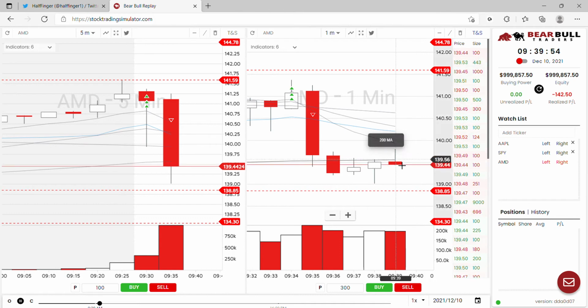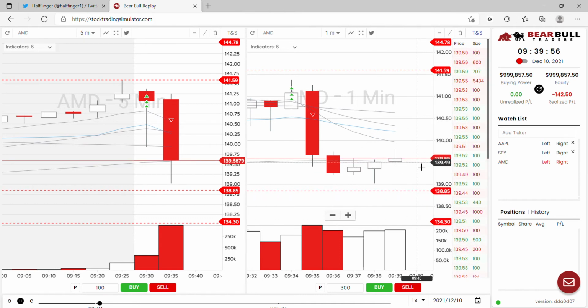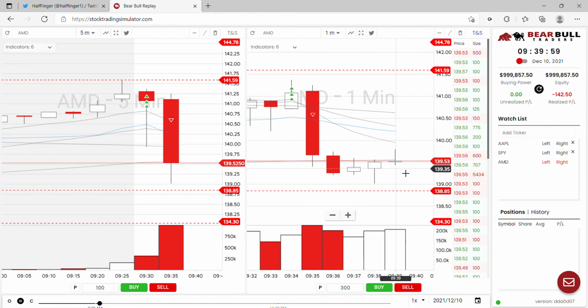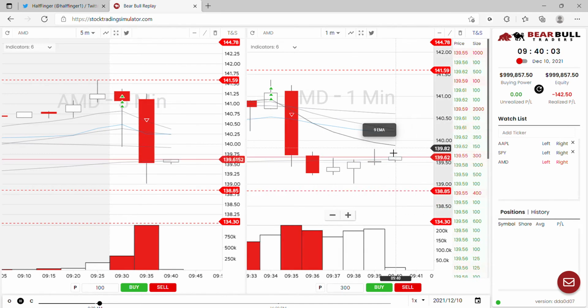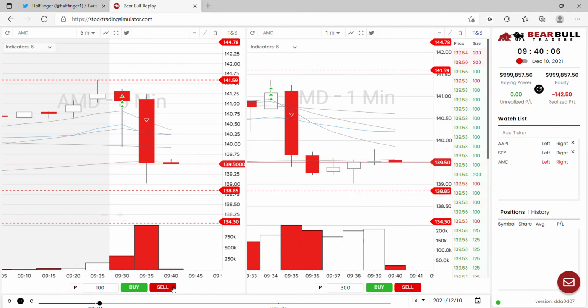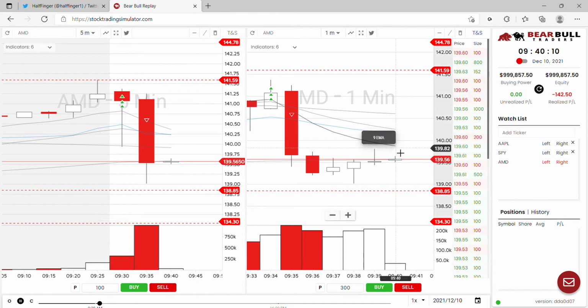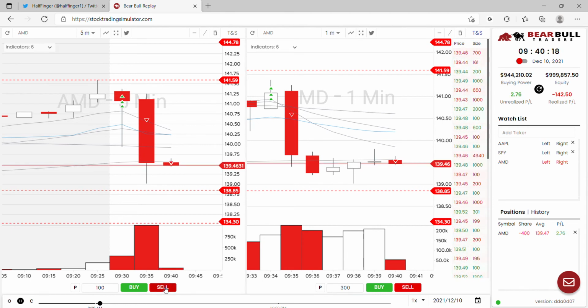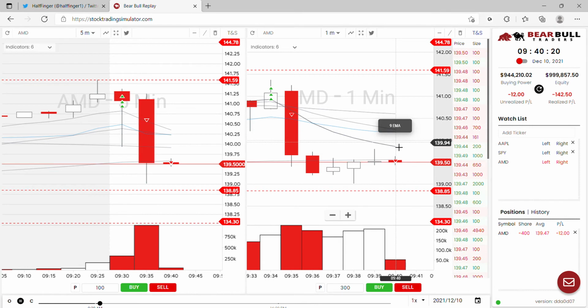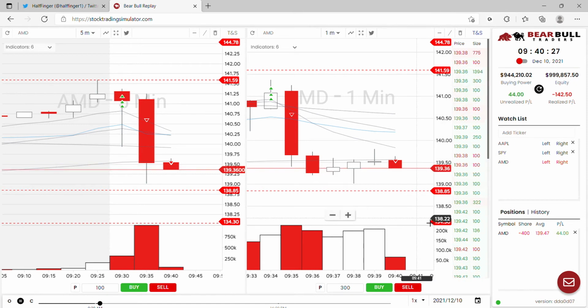This is a very good sign for me. It comes up here. It just can't push through. It just sells off. I want to go short here with a break above this level. Let's see what happens.